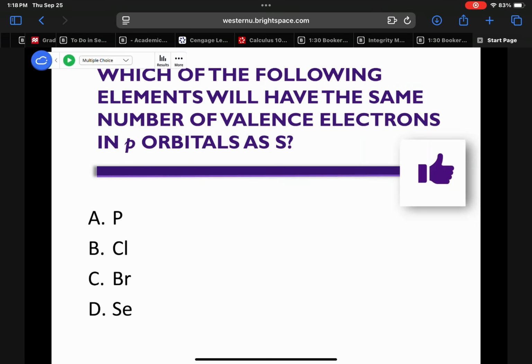Okay, so this is just a raise of hands, just a nice quick check. Which of the following elements will have the same number of valence electrons in p orbitals as sulfur? So look at your periodic table, and we'll do a show of hands in just a moment.